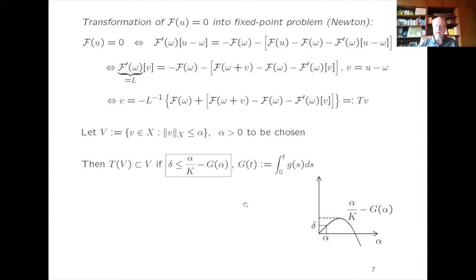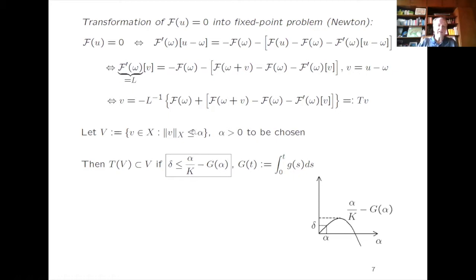If our nonlinearity in the problem is a polynomial, then also this little g, which is the local Lipschitz bound for the derivative of the nonlinearity, will also be polynomial, and also capital G will be polynomial. So this is a polynomial inequality for alpha.